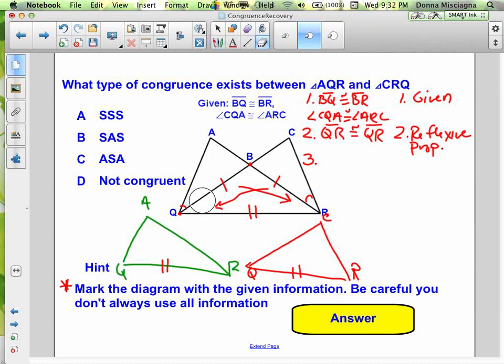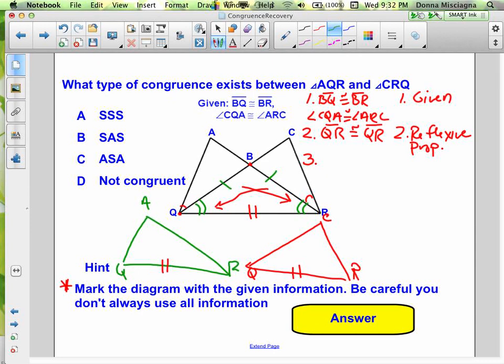I'm going to actually write in a different color so it stands out. I'm going to switch to green. All right, so since those sides are congruent, the angles opposite those sides have to be congruent as well. And this is something you'll learn when we look at isosceles triangles in more detail.